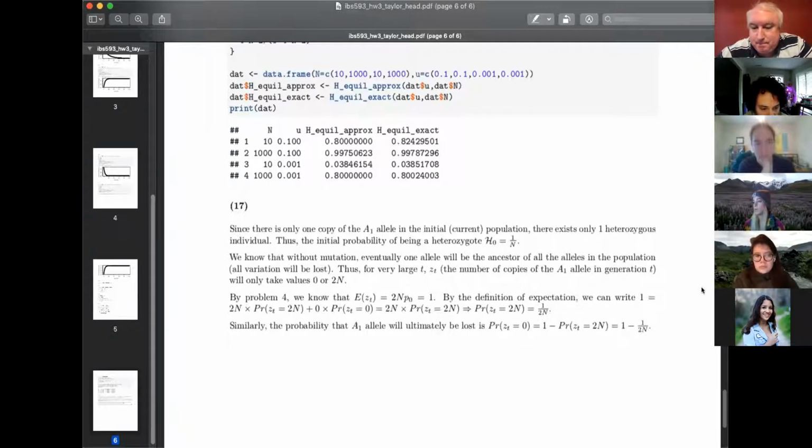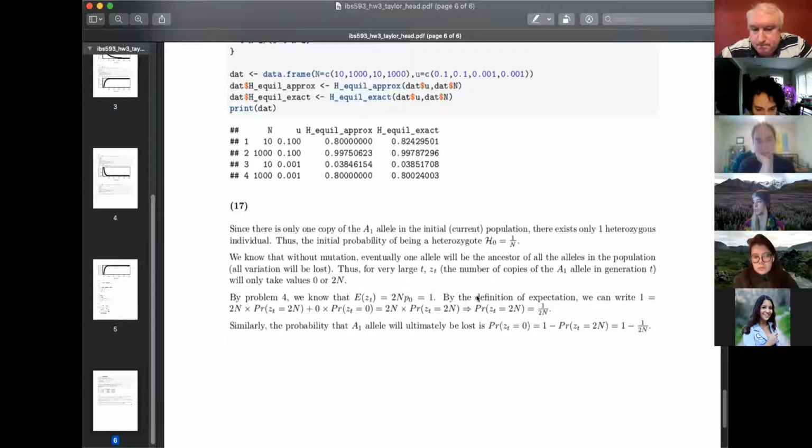And by problem 4, we know that the expectation of the number of A1 alleles in generation T is just 2n times the initial frequency. Here, that frequency is 1 over 2n, so we just have an expectation of 1.